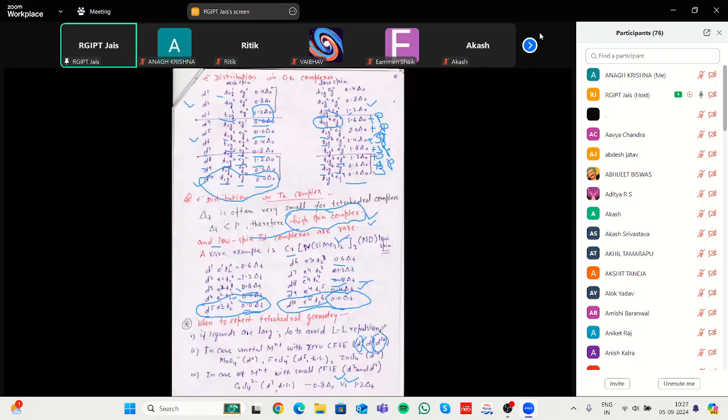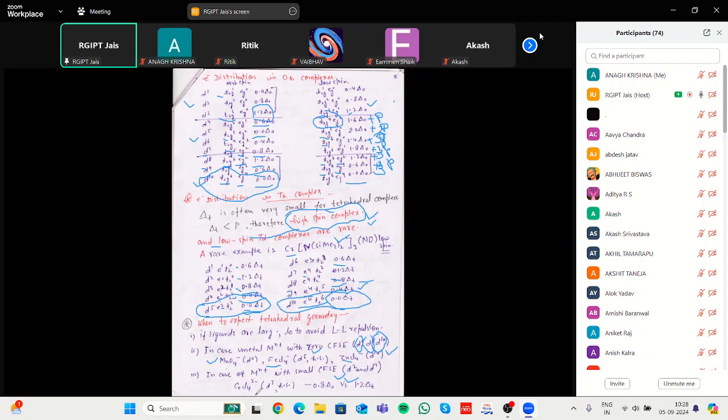These are the electronic configurations where CFSE found is 0. In case of MnO4 minus, that is d0, it has CFSE 0. In case of FeCl4, that is d5 configuration, it also has CFSE 0. In case of ZnCl4 2 minus, that has d10 configuration, it also has CFSE 0.